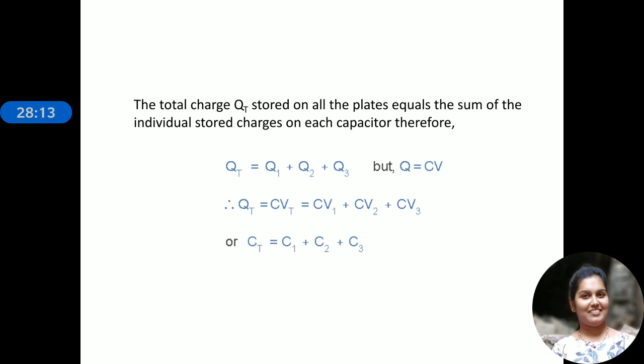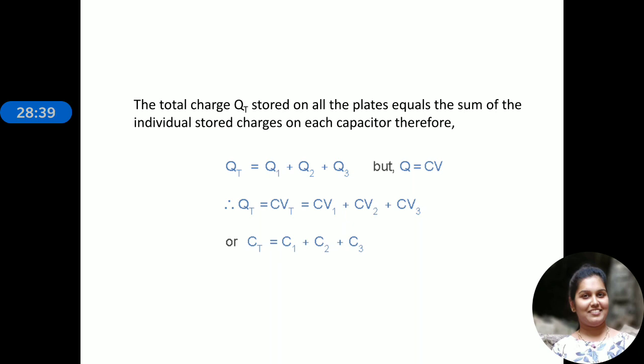Okay, so this expression is not dependent on the number of capacitors in parallel in a branch and can therefore be generalized for any n number of parallel capacitors. So it is not only for 1, 2 or 3. N number of capacitors can be connected in parallel.